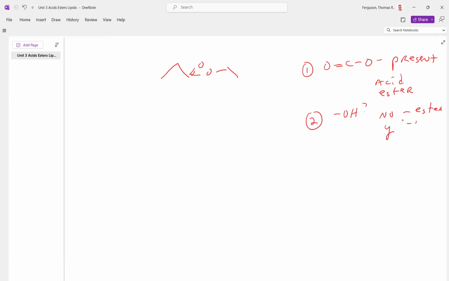If it's yes, you have an acid. So we have OCO again. And instead of doing acetals and ketals, one of the oxygens is going to be double bonded. And both the single bonded oxygen and the double bonded oxygen come together on one carbon.